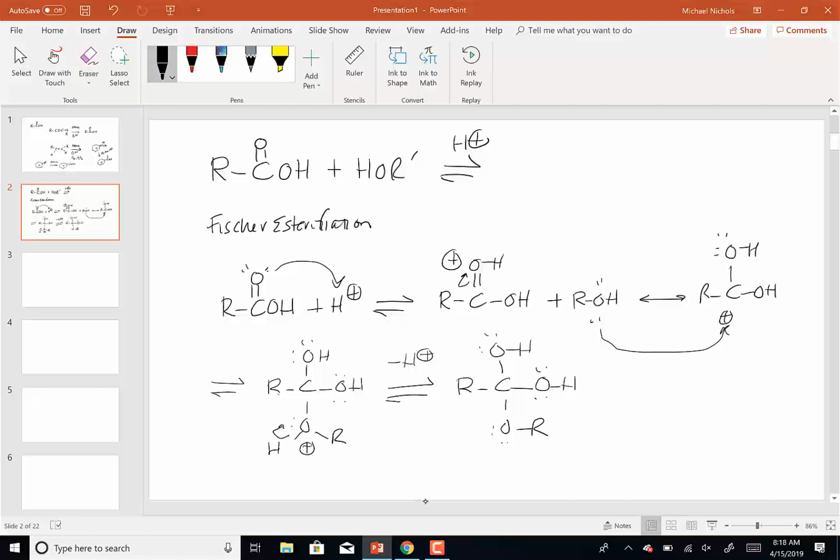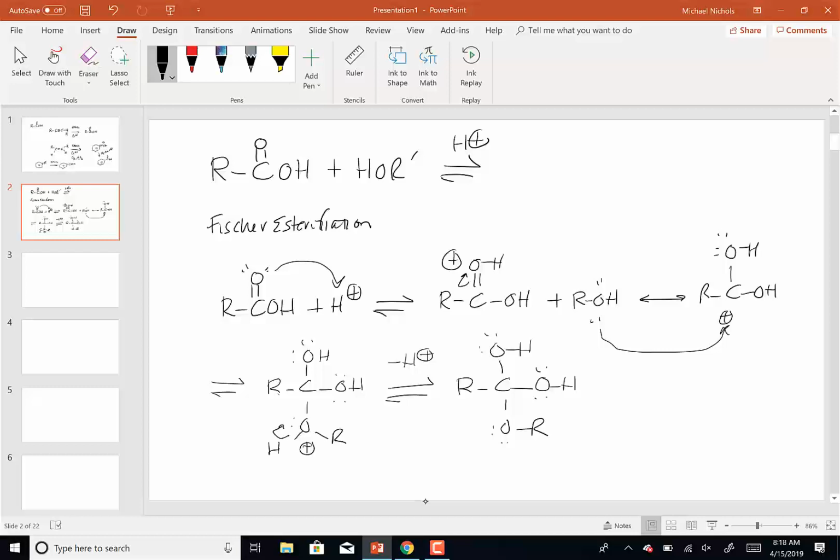What happens next? Let's see, table 16. So that's you, Lexi. You have a free H plus floating around. We just lost an H plus, so we have an H plus to protonate something.